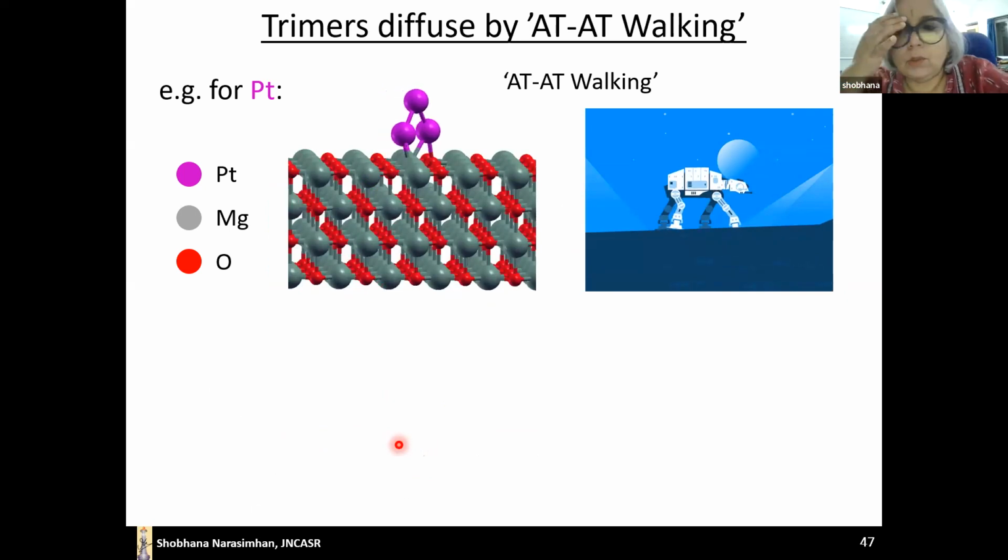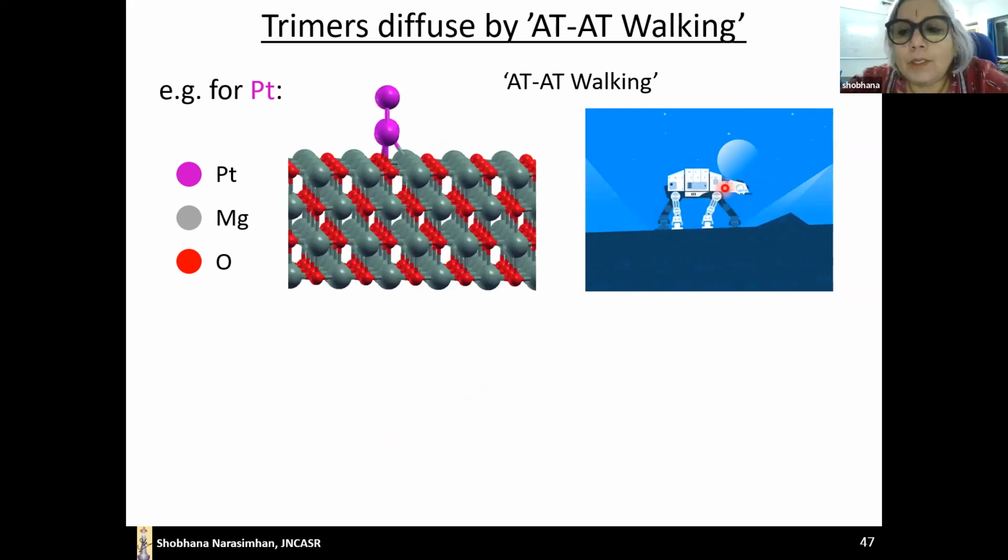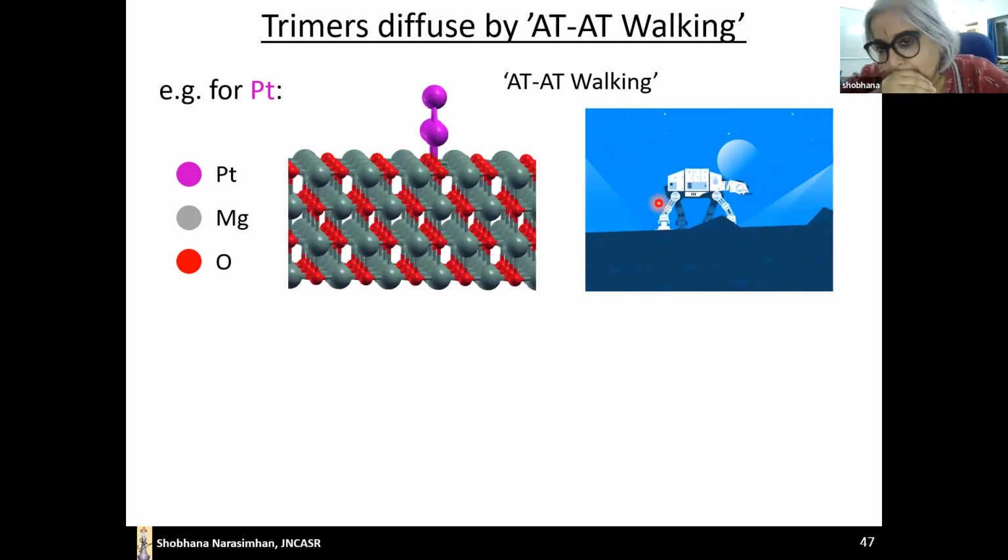And if you look at the trimer, there's yet a third mechanism. Initially, we were calling it skating or walking, but then I kept thinking this reminds me of something. And finally, I decided what it reminds me of is, I don't know how many of you have seen the early Star Wars movies.